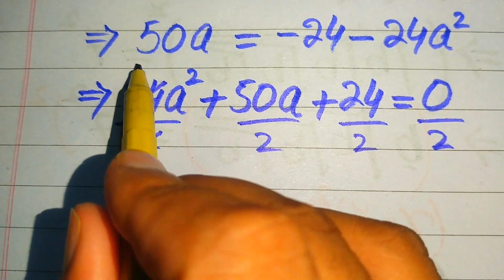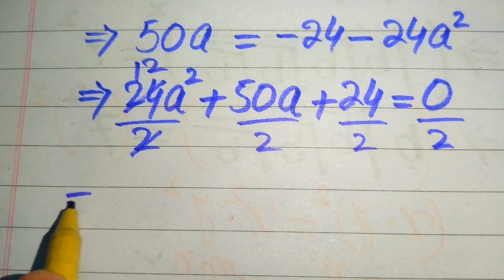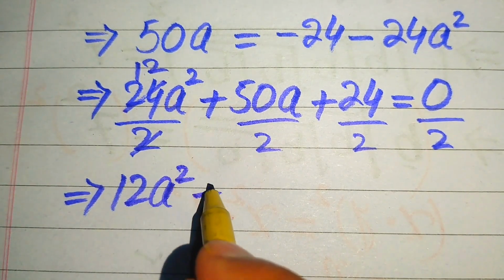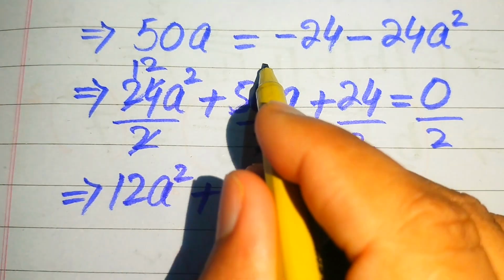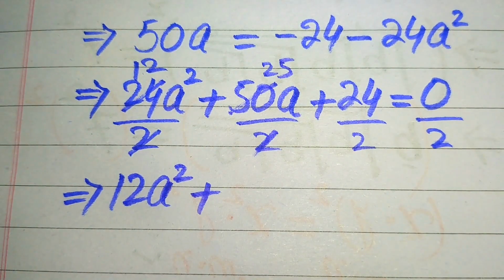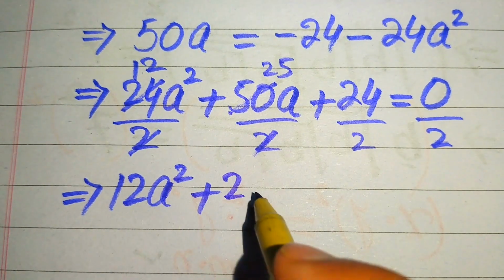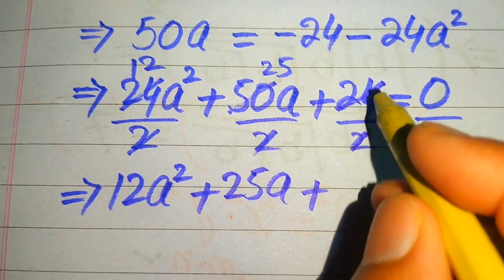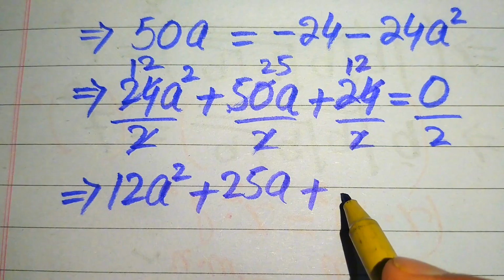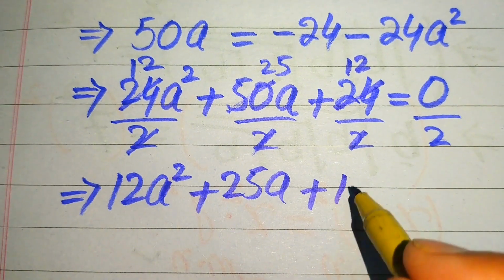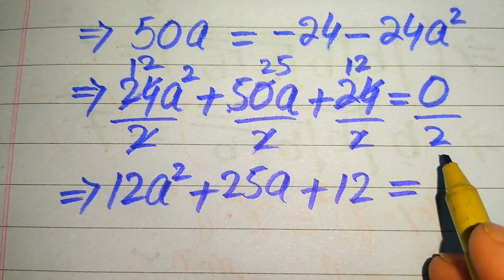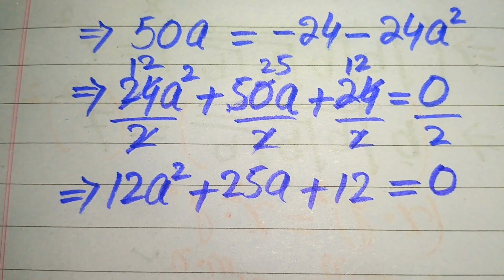So you see that this is 2 times 12 becomes 24, and we get 12 times a square, plus 2 times 25 becomes 50, and we get 25 times a, plus in the same pattern 2 times 12 becomes 24, and we get plus 12 is equal to 0 divided by 2 becomes 0.